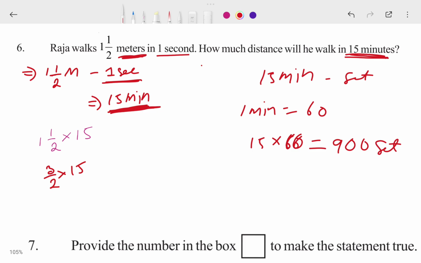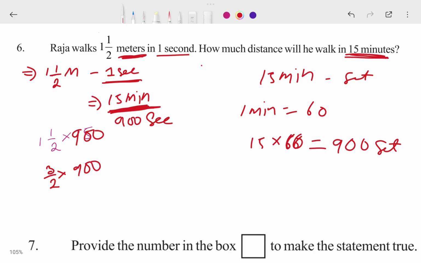So here 15 minutes means we have to write the 900 seconds. In 15 minutes, it has total 900 seconds. So here we have to multiply by the 900. Here also we have to multiply with the 900 seconds.